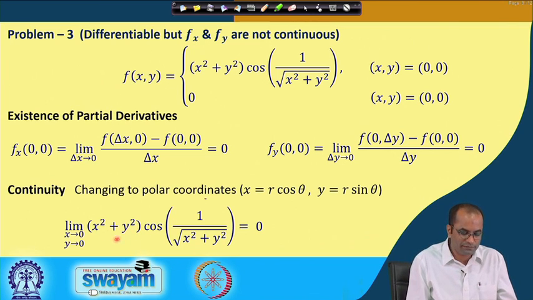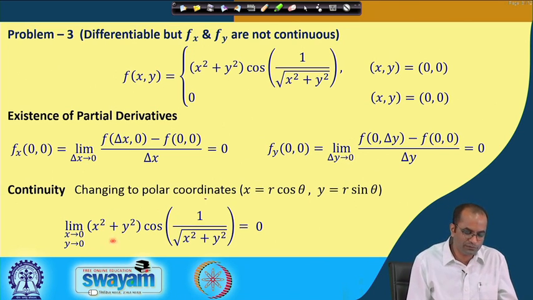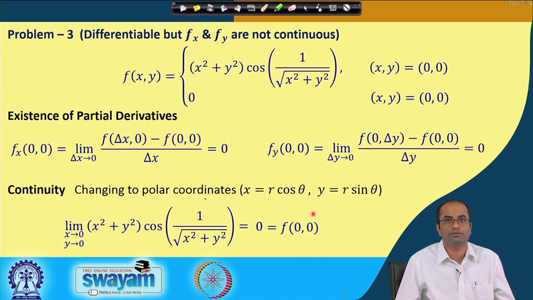So, we get an r square there, and then everything else will be bounded, and as r goes to 0, this will be 0, whether shown by changing to polar coordinates or directly when (x, y) goes to 0. So, this term goes to 0, and this is something bounded, something finite here. So, we will get this limit as 0 directly, which is the function value at the point (0, 0).